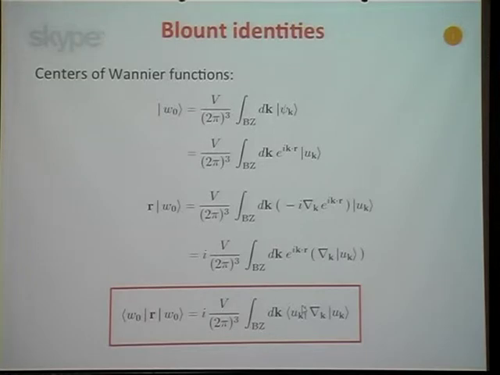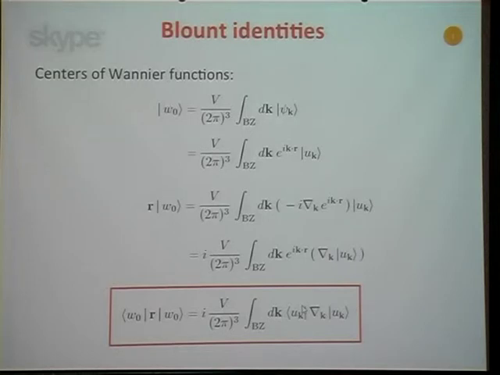It's really the integral over the Brillouin zone of what would be called, in topology, the Berry connection of u of k, the periodic part of the Bloch orbitals. So without dwelling too much on the math, what I'm trying to say is that there is a practical way to construct the expectation value of the position operator between Wannier functions.